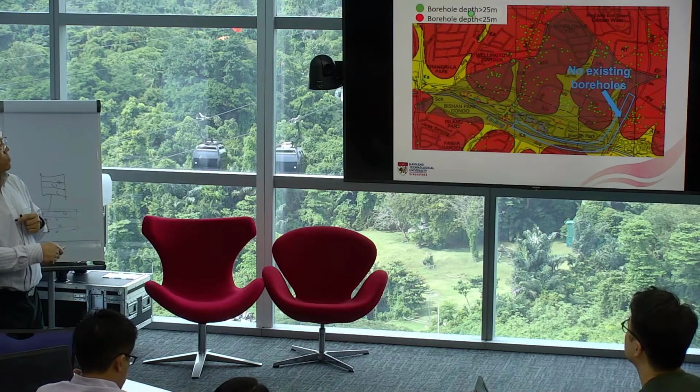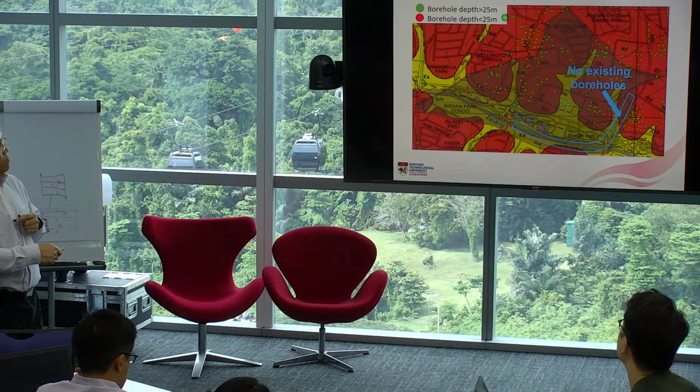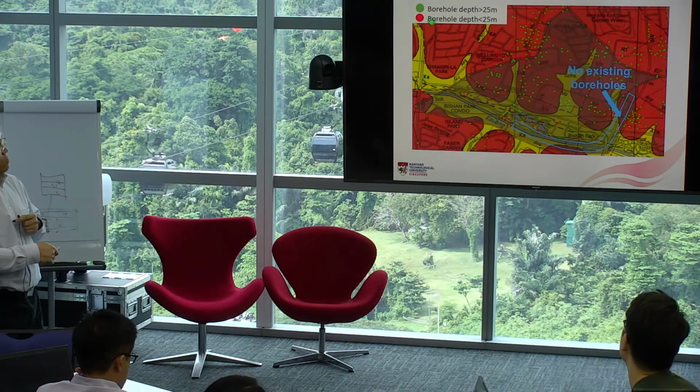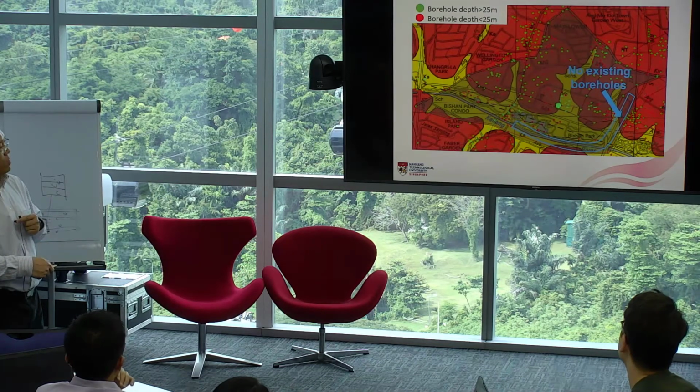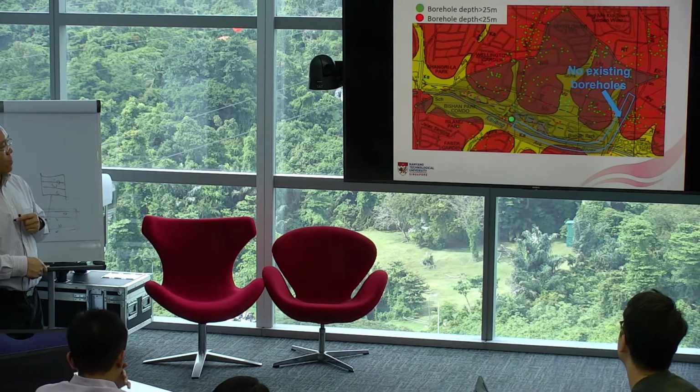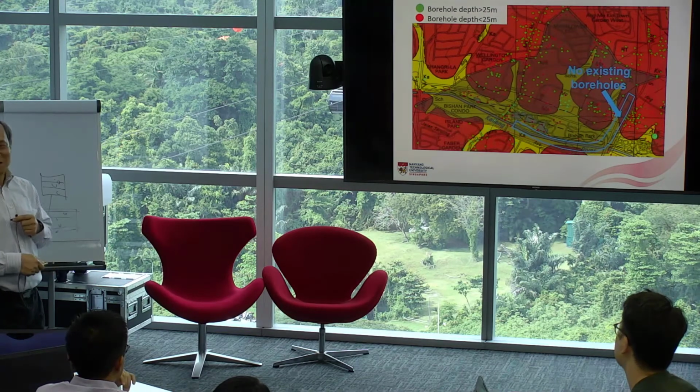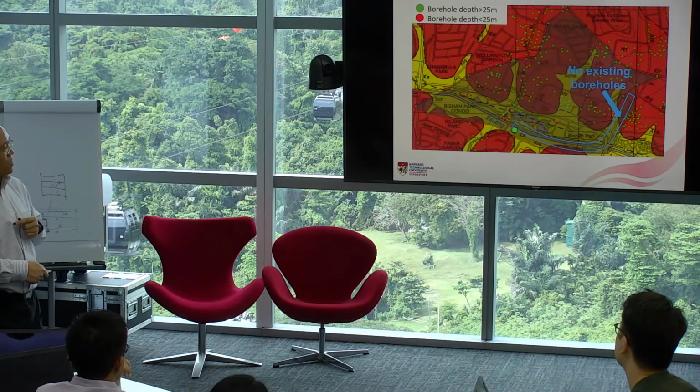The blue is for borehole depths greater than 25 meters, and the red are borehole depths less than 25 meters. Unfortunately, there isn't any borehole along the MRT line, or at least the proposed MRT line.